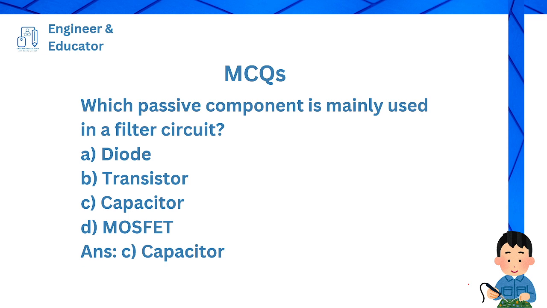See, diode is an active component, transistor is an active component.